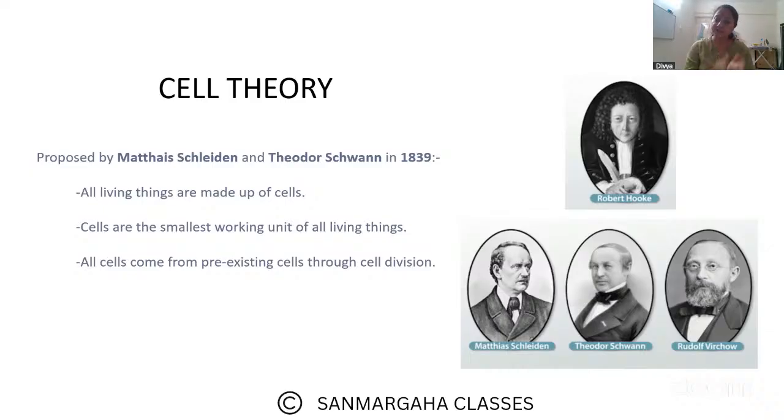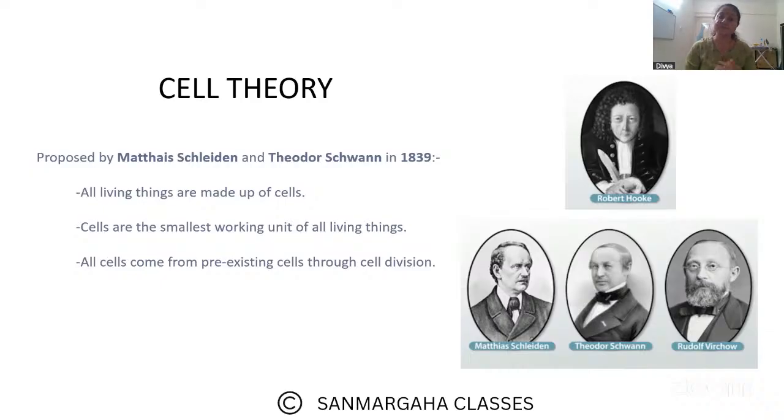Already the cell is present, so that underwent multiple divisions and the number of cells increased in our body. That is why it is told that it is from the pre-existing cell. So these three, Schleiden, Schwann and Virchow, put this forth along with Robert Hooke. All of them put forth the cell theory.